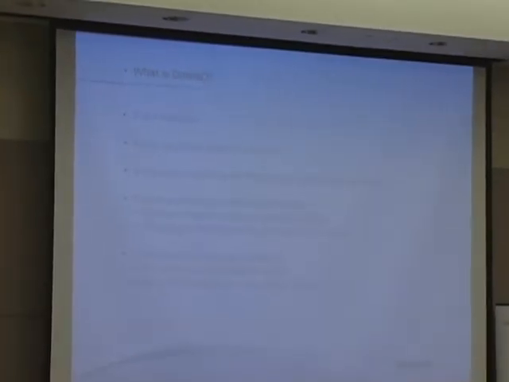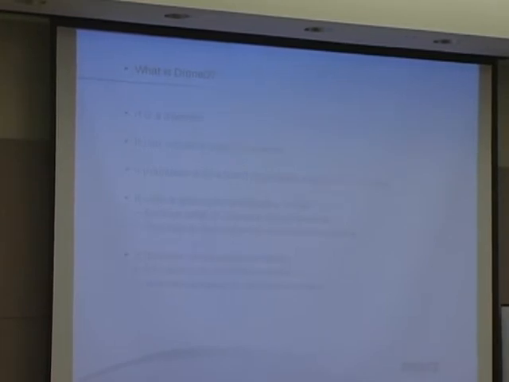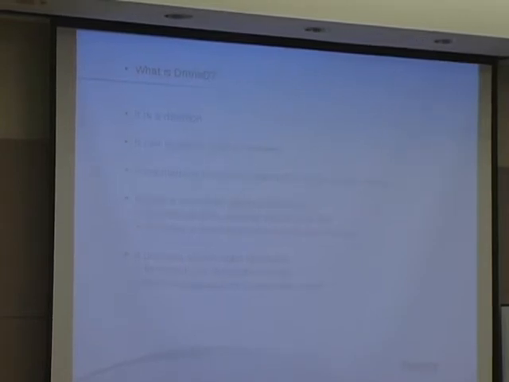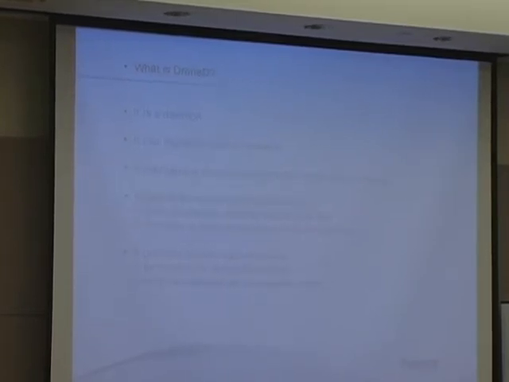So what is DroneD? DroneD is a programmable model. It manages environments. It encapsulates applications. DroneD is a monitor agent. It's a service container. It provides rich APIs for writing services, network communication facilities.